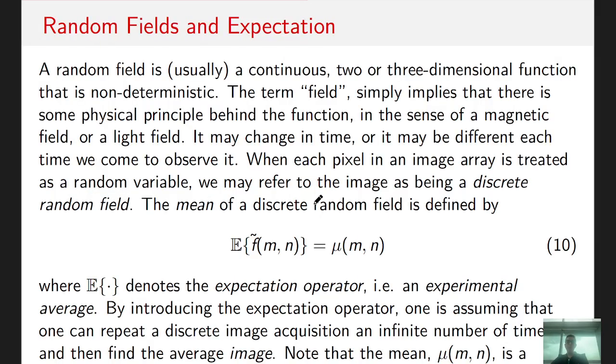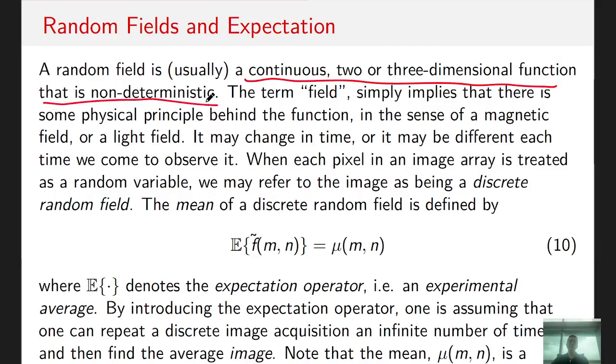Okay, so let's look at some jargon that crops up in thinking about images in a statistical manner. A random field is usually something that describes a continuous 2 or 3 dimensional function that is non-deterministic.